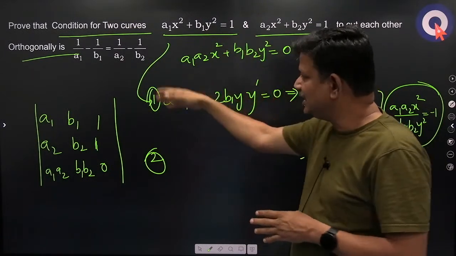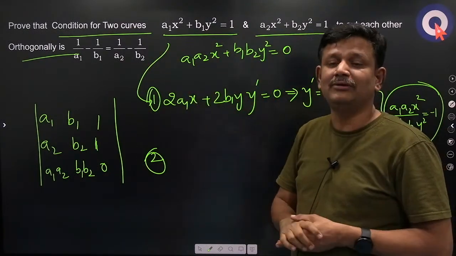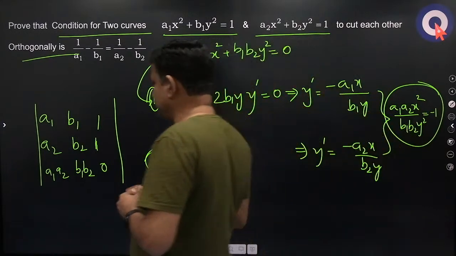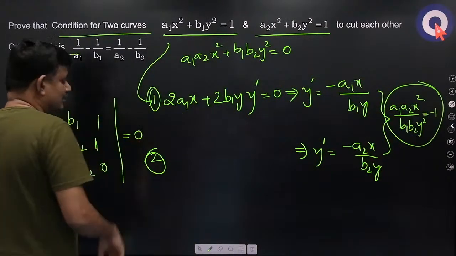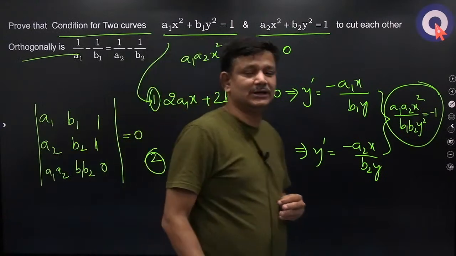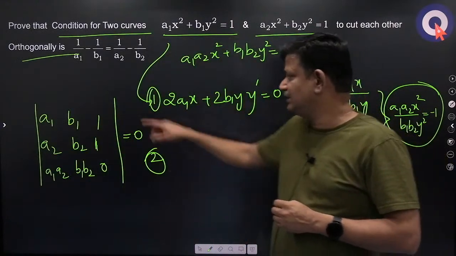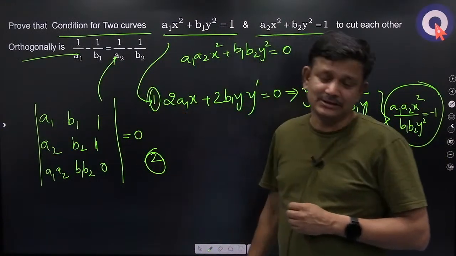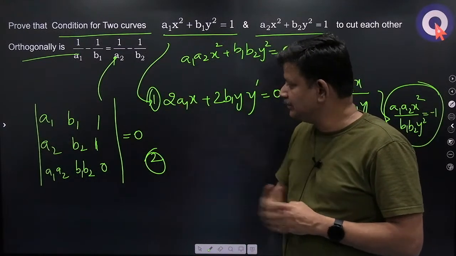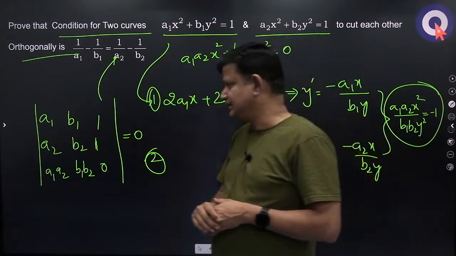So three lines are concurrent. That is what we mean. Three lines are concurrent, and that will happen only when the determinant is 0. Determinant of all the three should be 0. So this equation gets converted to this condition. Okay. So if you solve this determinant, you will get this particular condition. As simple as that.